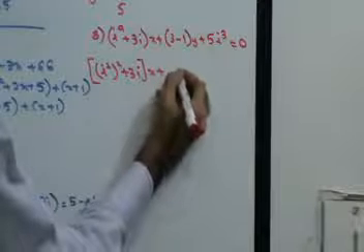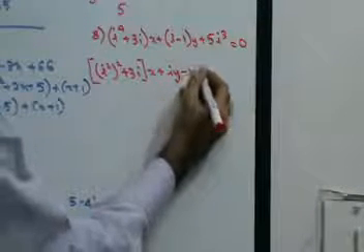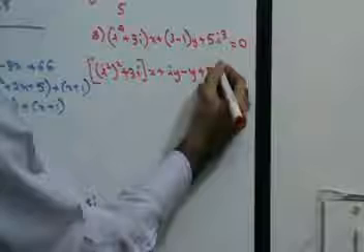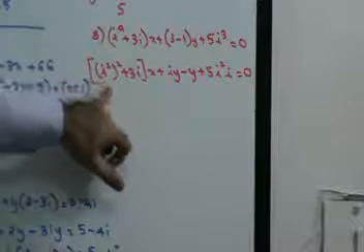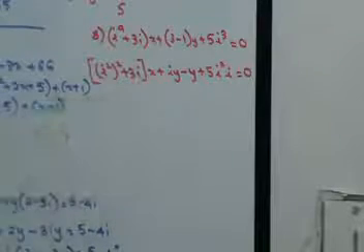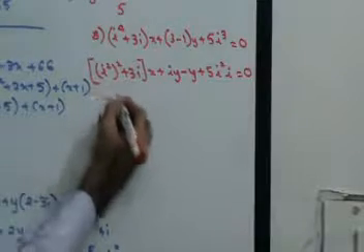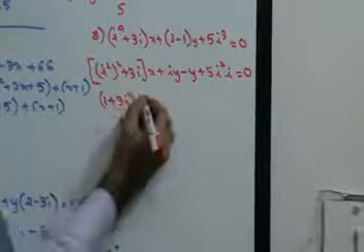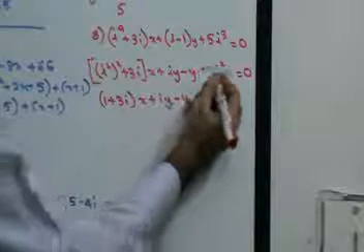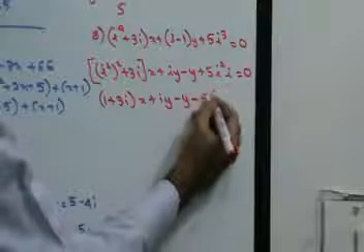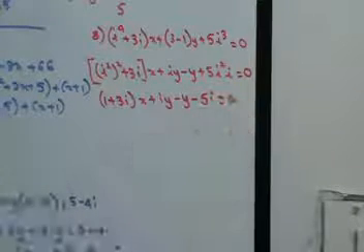Open the bracket. This is iy minus y plus 5i cube can be written as i square into i is 0. Now i square is minus 1. Minus 1 the whole square is plus 1. So this is 1 plus 3i into x plus iy minus y. i square is minus 1. So this is minus 5i is 0.